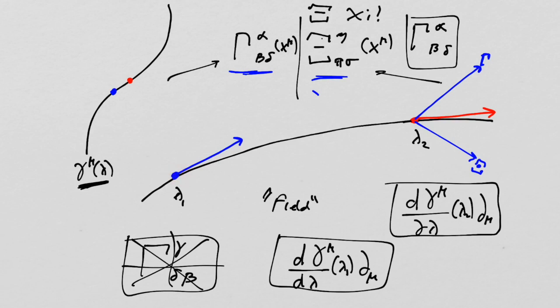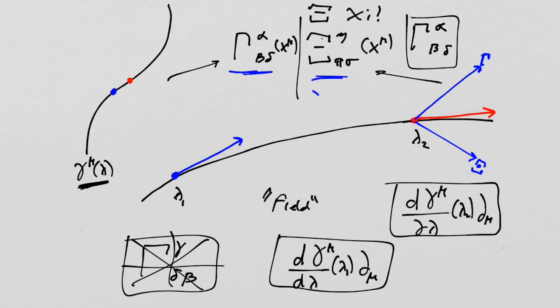But the point is now that I've invented 2 connections, I'm starting inventing things like crazy in a sense, because these guys are really powerful, and they tell me how I can parallel transport that guy. So now I have 2 completely independent things that are telling me something about vectors. One is I have a curve that creates a vector field, and as I move along the curve, the vector field changes from this blue vector to this red vector.